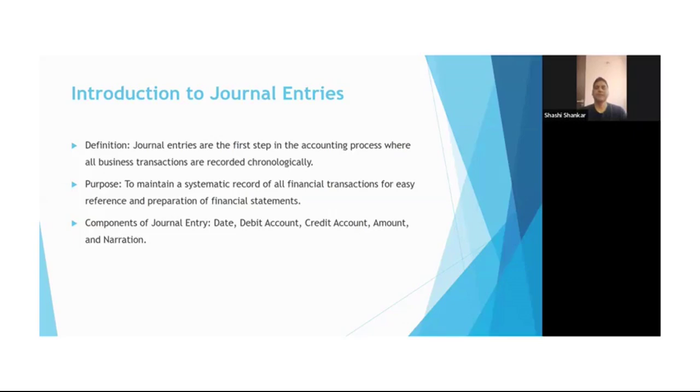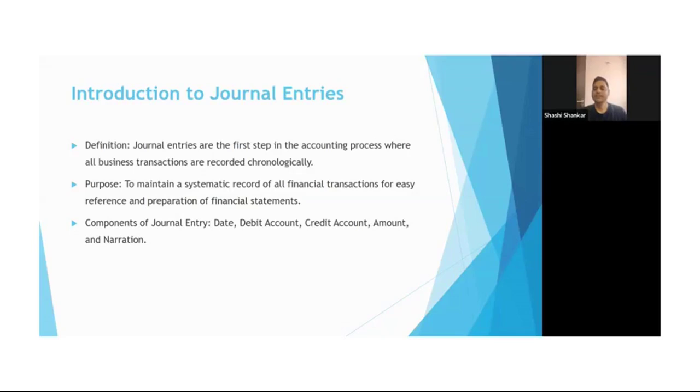Suppose it is for furniture purchase on cash. So narration could be "furniture purchased on cash", one line. So that in future, if anything needs to be looked at, they can easily refer to which expense happened and what the mode of the transaction was.